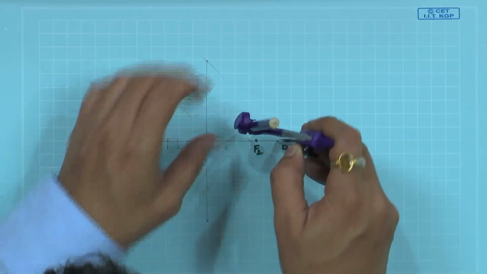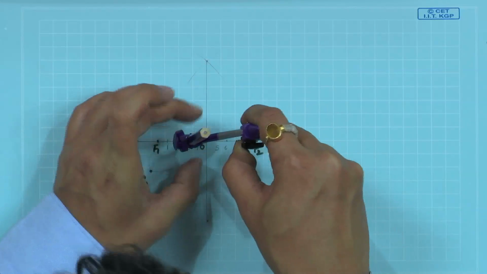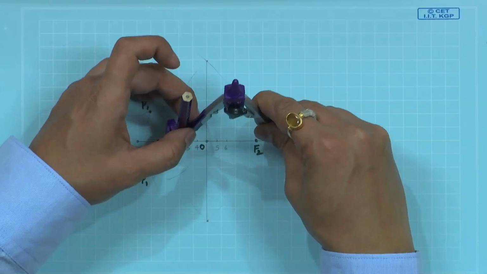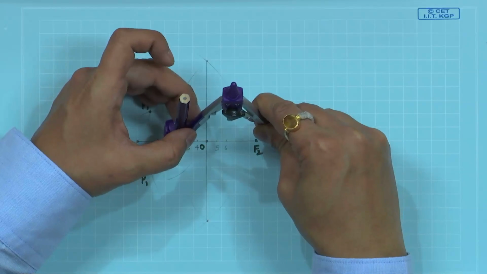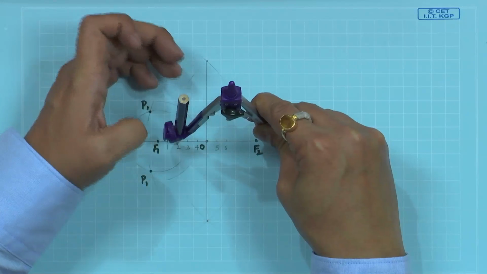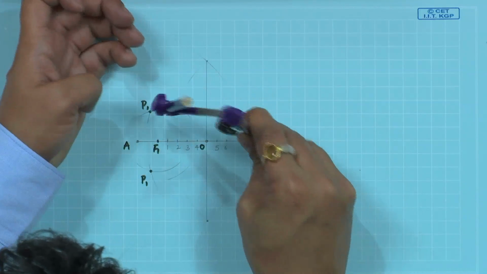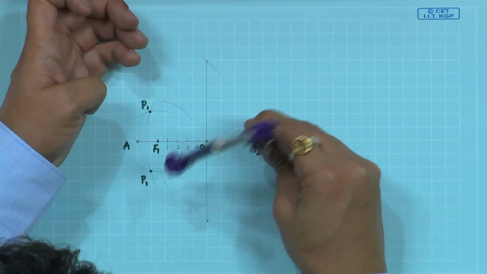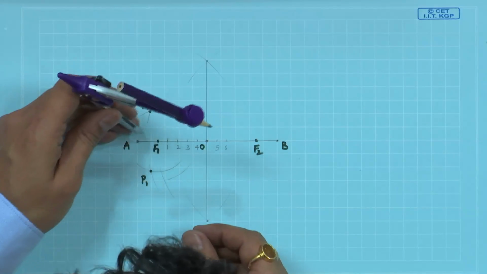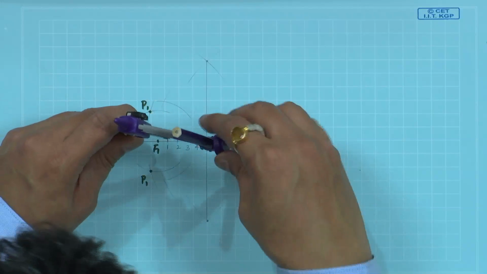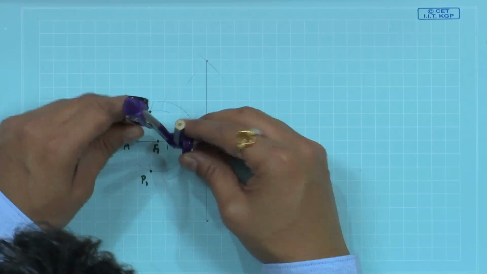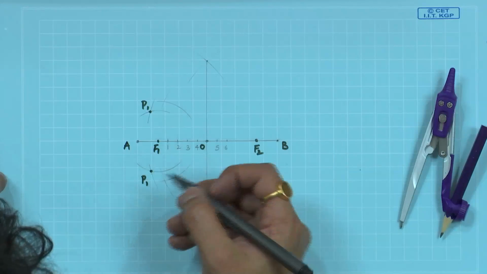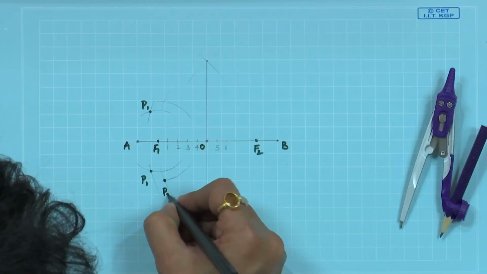Then B to 2, whatever the distance we get, use F2 to intersect this curve which is A2. So, mark this point P2.